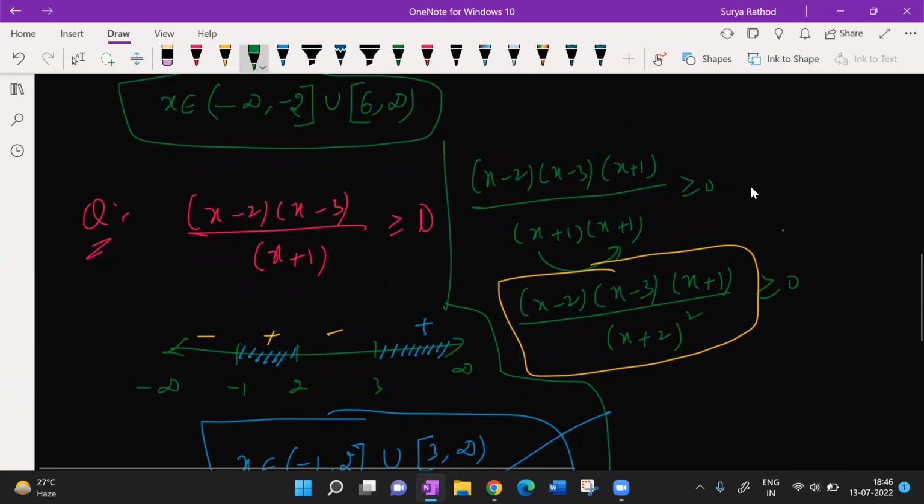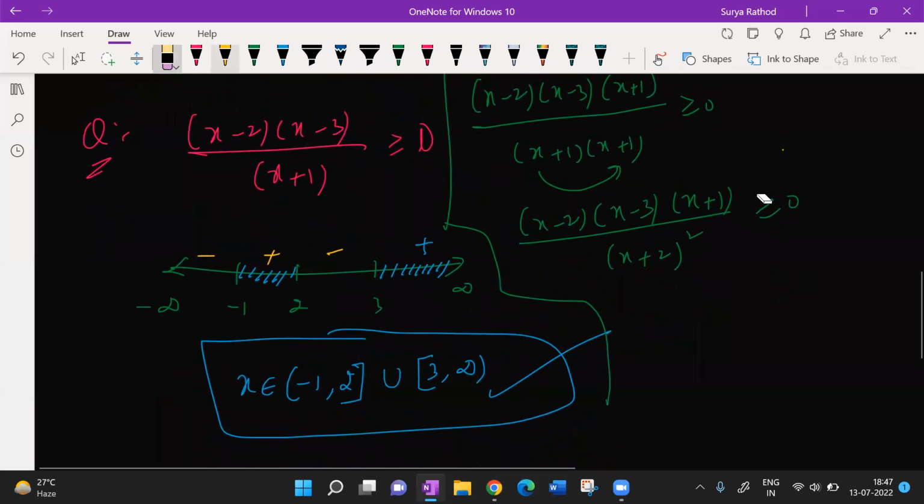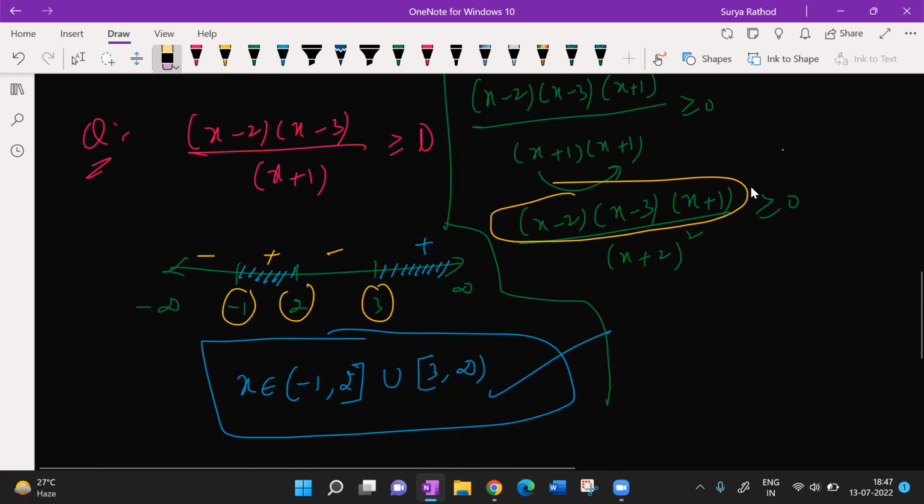The numerator is what? Positive. Positive by positive, positive. So what you get now? I will be just taking the denominator as positive, beta. I'll be taking only the numerator and plotting the critical points in the number line like this, and I can just solve it.